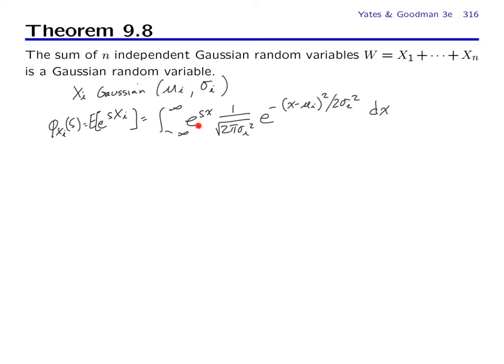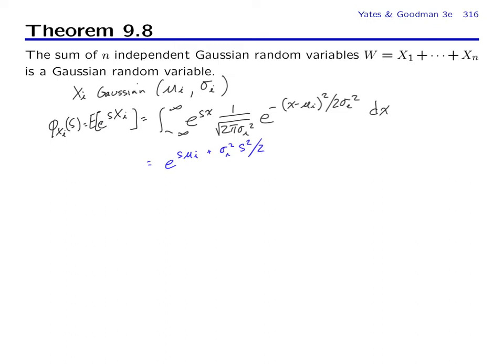What you have to do is take this exponential term and combine it with this exponential term. And then you have to follow a procedure called completing the square in the exponent and do some factorization. Eventually you'll get the right result. The steps are in the book, but we'll just jump to the conclusion. This moment generating function is e to the s mu i plus sigma i squared s squared over 2.